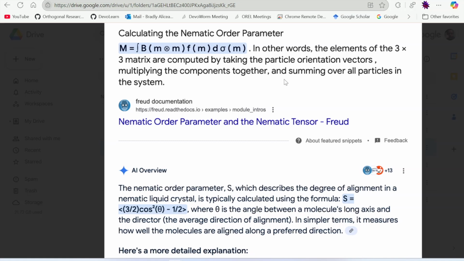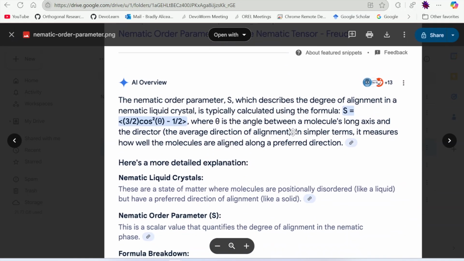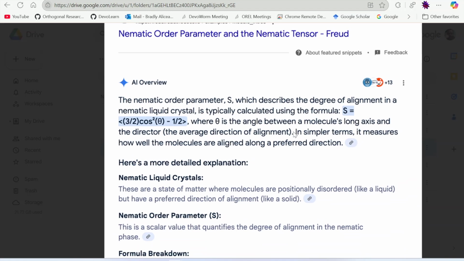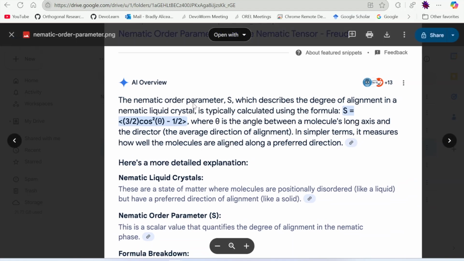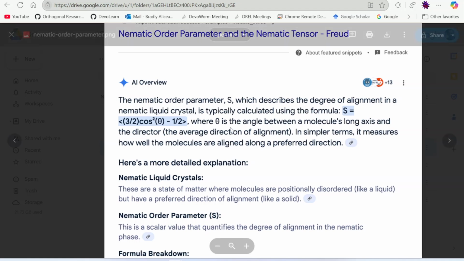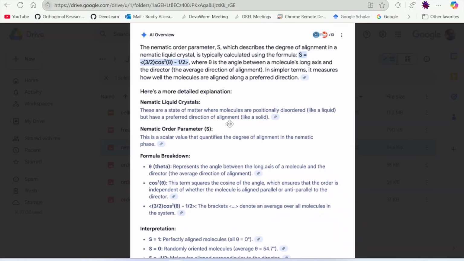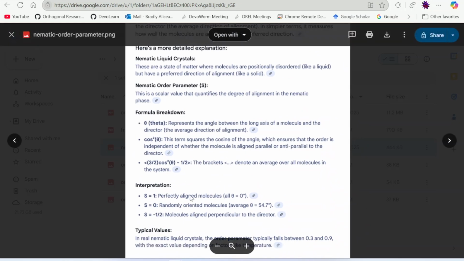We sum over all the particles in the system, and basically get this order parameter. It's not really an average, it's more a collective measurement of all of the orientations. This gives us the degree of alignment in this order parameter S. When we get S, we can tell whether things are perfectly aligned or random. If they're random, S is near 0, and if they're perfectly aligned, S is near 1, I believe. So that's what we're dealing with, and that gives you some breakdown of the formula.